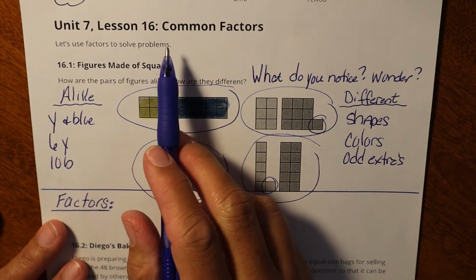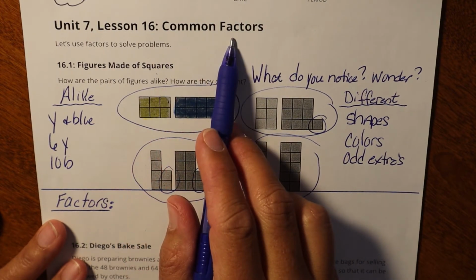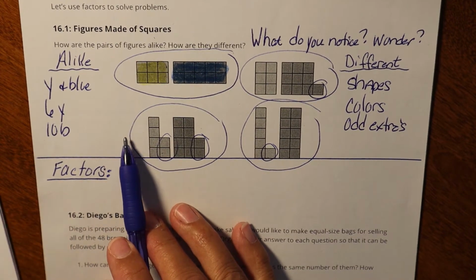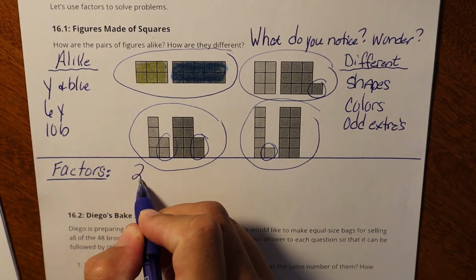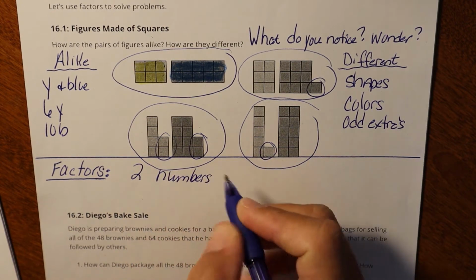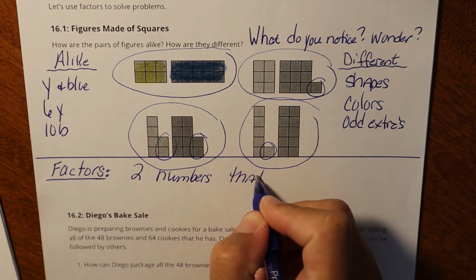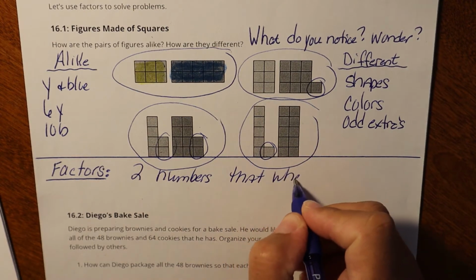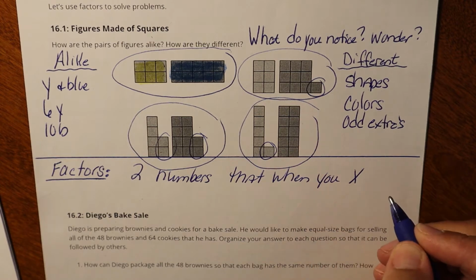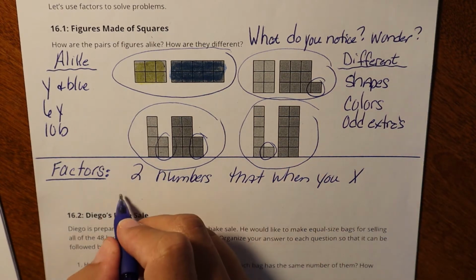Now, the name of today's lesson was Common Factors. So a quick review: what are factors? Factors are two numbers that, when you multiply them together, create a number. I'll use the X as a multiply symbol.